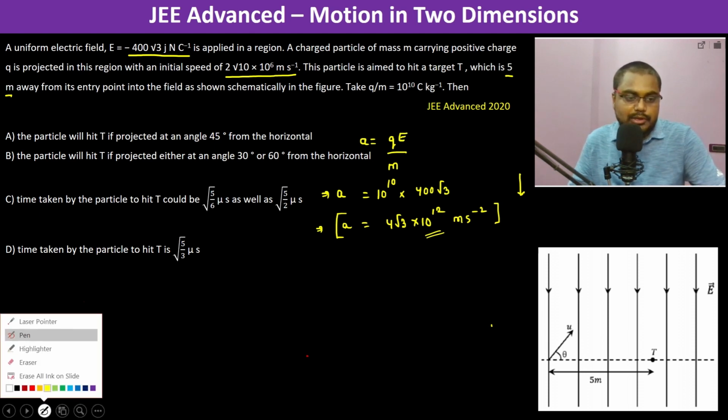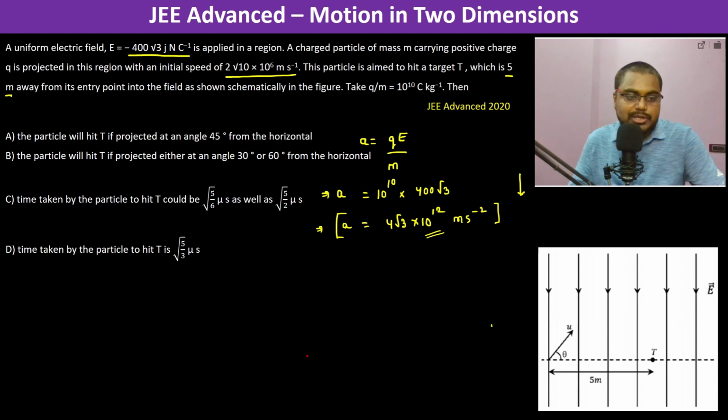Okay, so for the particle to hit t, what we understand is the range should be 5 meters. Okay, so now let us calculate u square sine 2 theta by g. And the g will be the acceleration because it's in downward direction. So the range, 5 meter, is going to be u square sine 2 theta by g. What is u? U is 2 root 2 into 10 power 6.